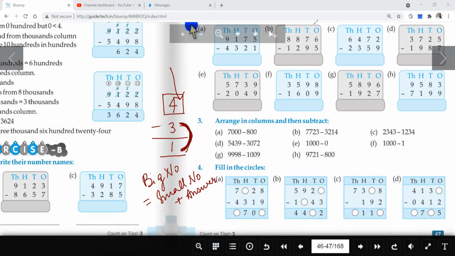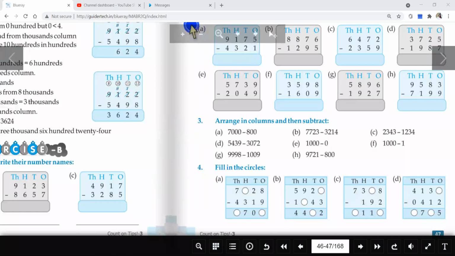So here, going to the first sum. Now consider only this part. Okay, not this part. Consider only this part. Now, I told you always in the subtraction, this first number is going to be the big number, and the second number is going to be the small number.